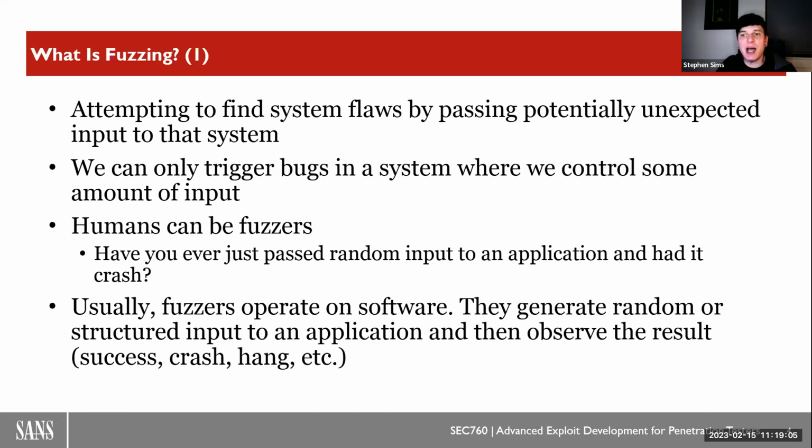It even says on the slide here, humans can be fuzzers. Every single person out there has been using an application and inadvertently caused it to crash. And usually we just say, okay, it crashed. I'm going to start it back up again. Now, what did we do to cause that crash to occur is the question.